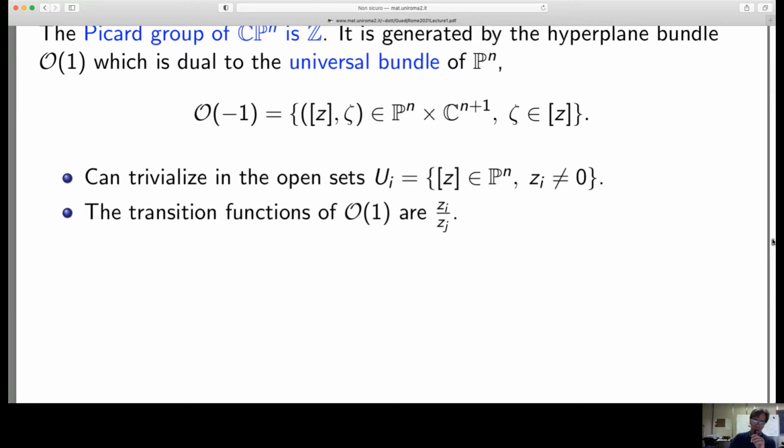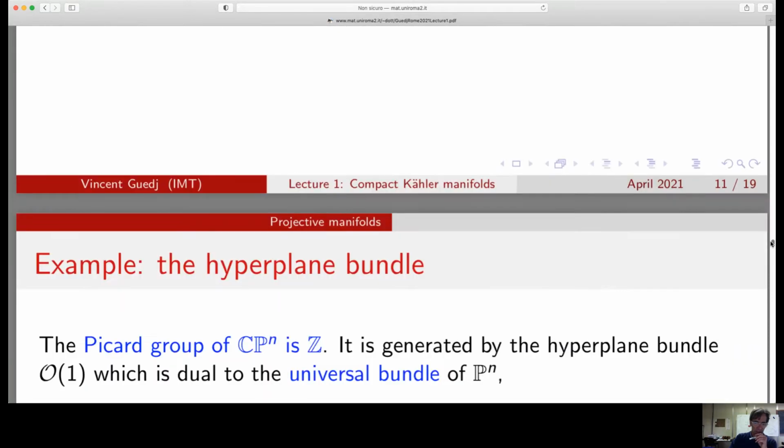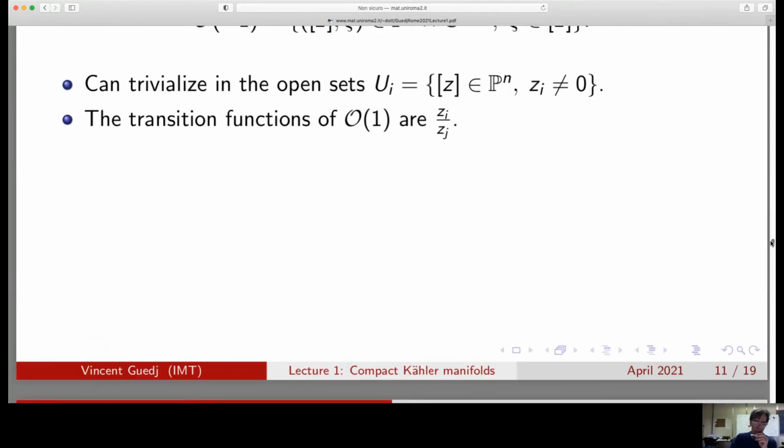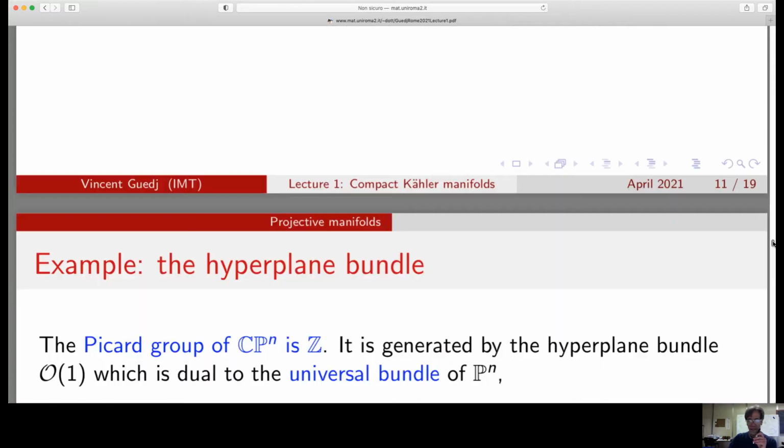And then you see that local functions define a global section of O(1) if and only if they satisfy the condition above, which is if and only if they are just a linear, degree 1 polynomial in n plus 1 variables. So the space of global sections of O(1) is the space of homogeneous polynomials of degree 1 in C^(n+1).